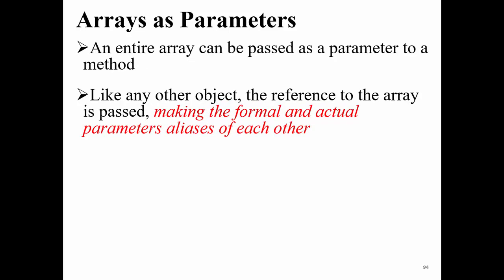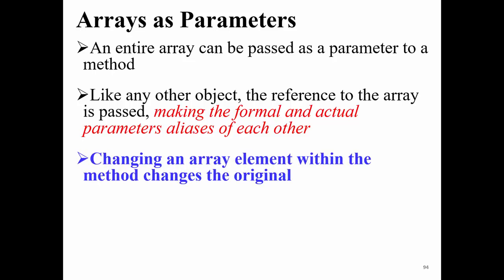So an array can be passed as a parameter to the method. It's like an object. That is the good thing about the array: when you send the array, you send the reference where the array is stored. So you can handle the elements of the array. Changing the element within the method can change the original value, because you are sending the actual address where the actual values are stored.